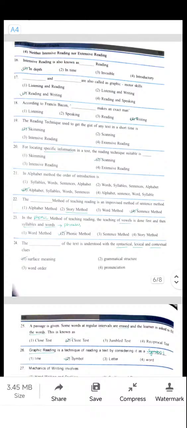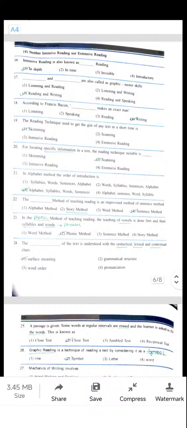In the question itself we have the answer. Sometimes we forget to find that and blindly or confusingly attempt other options, because the question itself has the answer: sentence method. So sentence method is the correct answer.